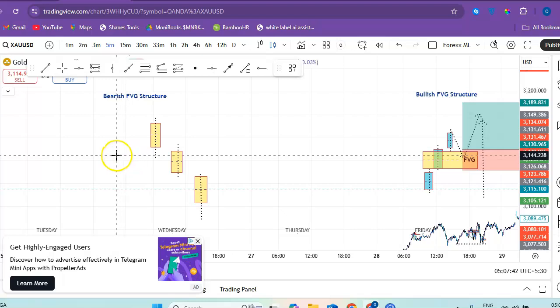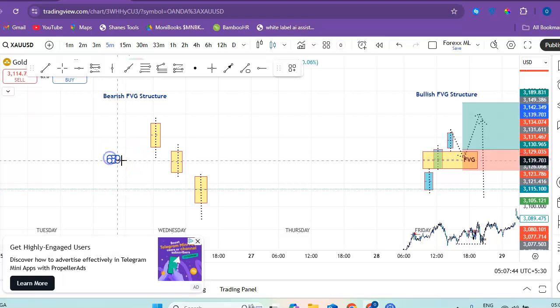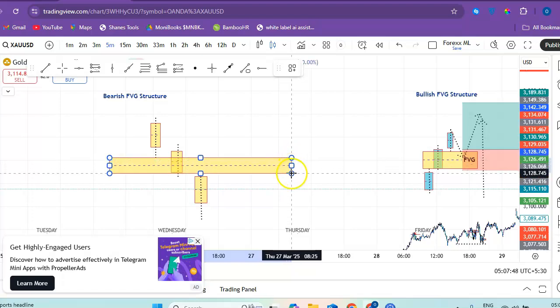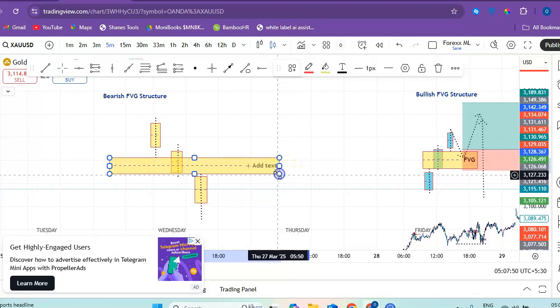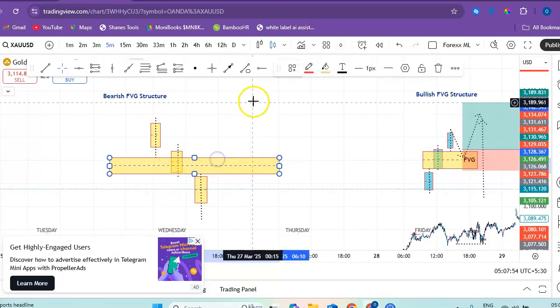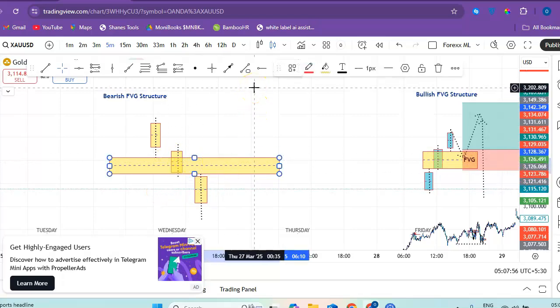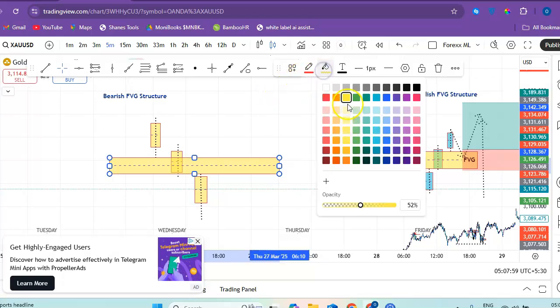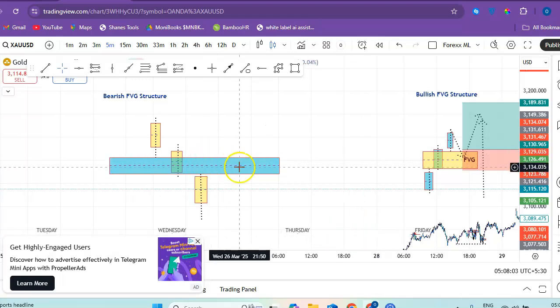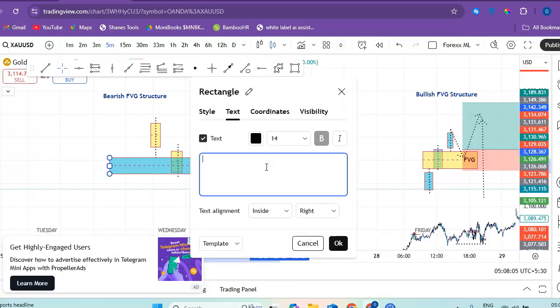We are going to mark the tip of the wick of the first candle and stretch it to the tip of the wick of the third candle. So the gap here is the bearish fair value gap structure. Let me quickly change its color. So this is the fair value gap here.